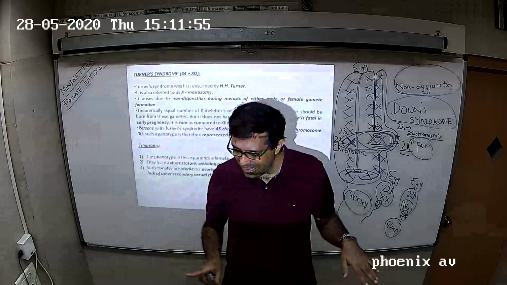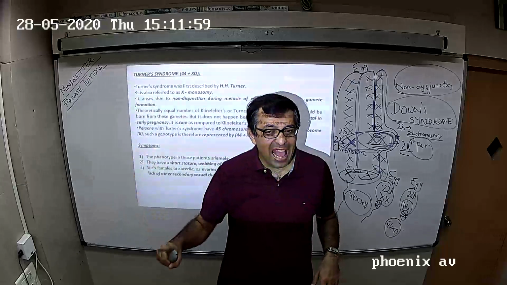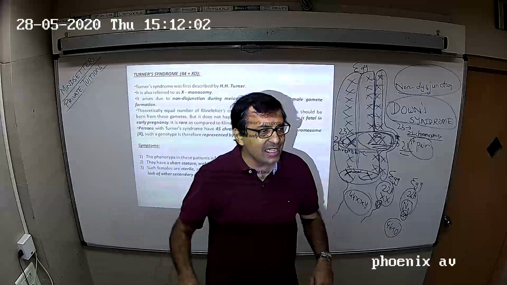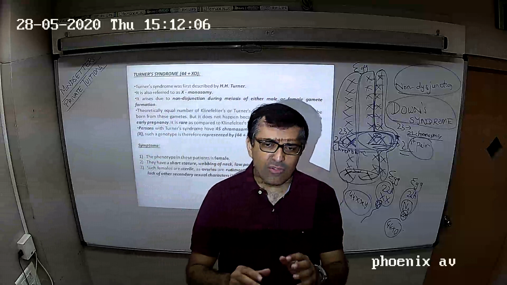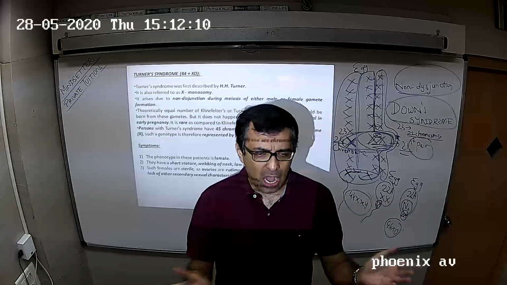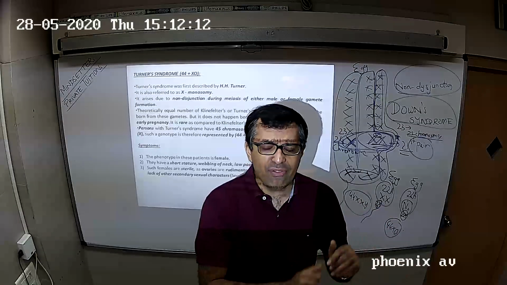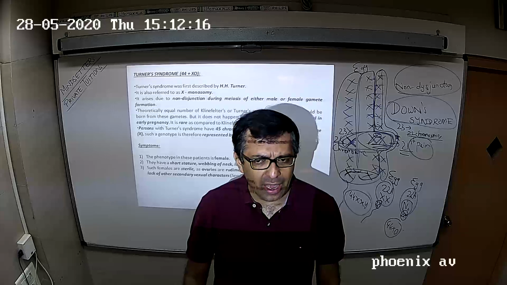And if a sperm with X chromosome fuses here, it will form 44 X0, which is called Turner syndrome. So chances of a child having Turner syndrome and Klinefelter syndrome is 50-50. Where there is XX, Klinefelter should result; where there is 0, Turner should result.